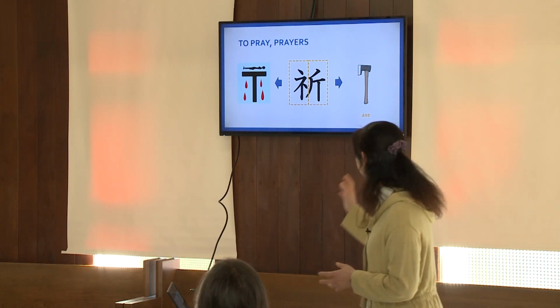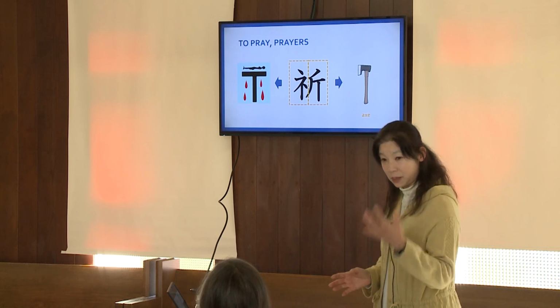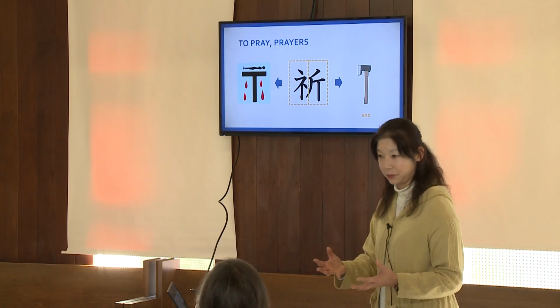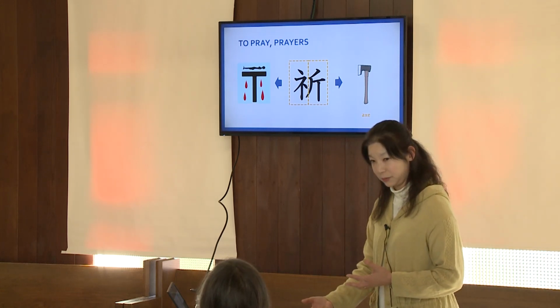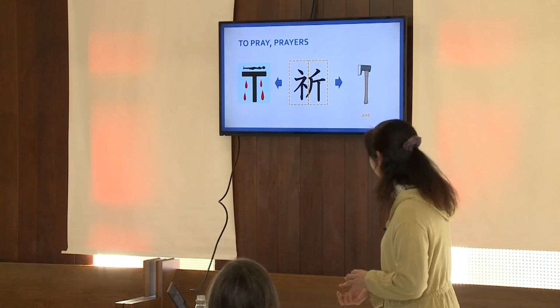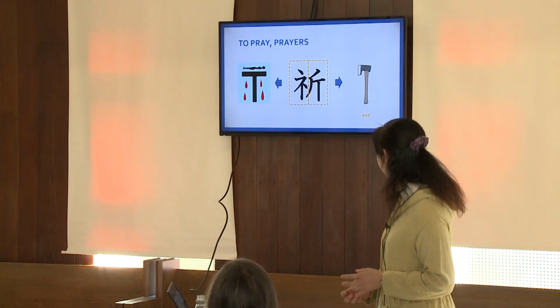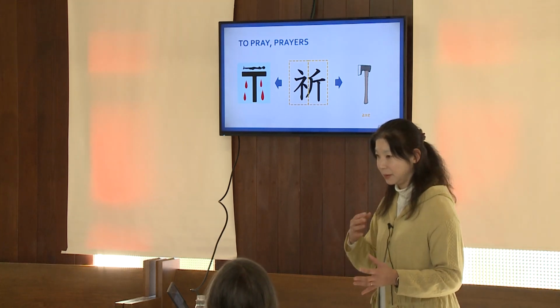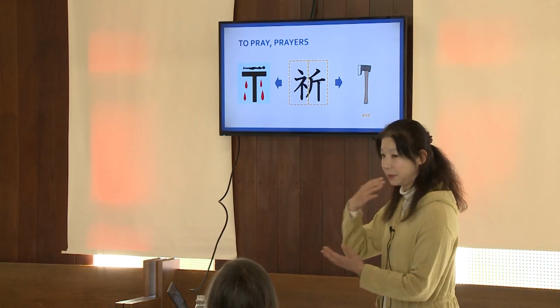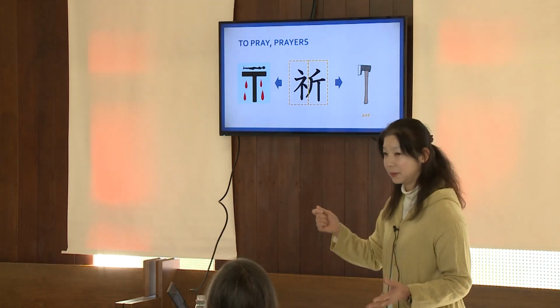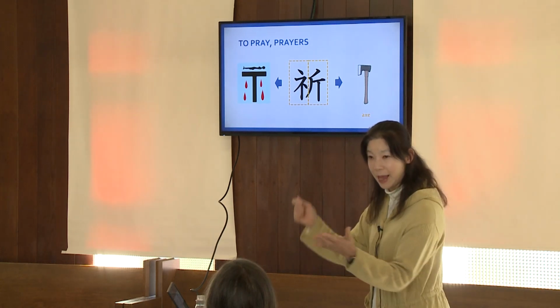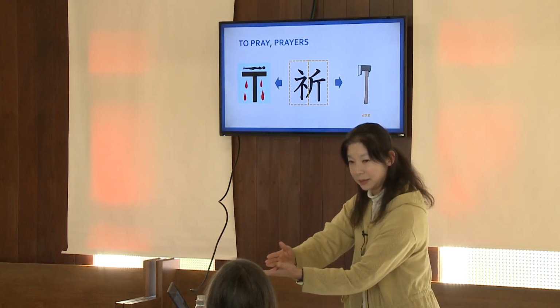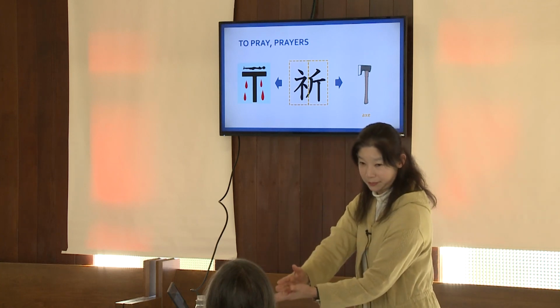So the prayer is related to God and human action to make an altar. Or another theory is that the axe represents people going near to God, because the movement of the axe is like this, and it goes close to something.